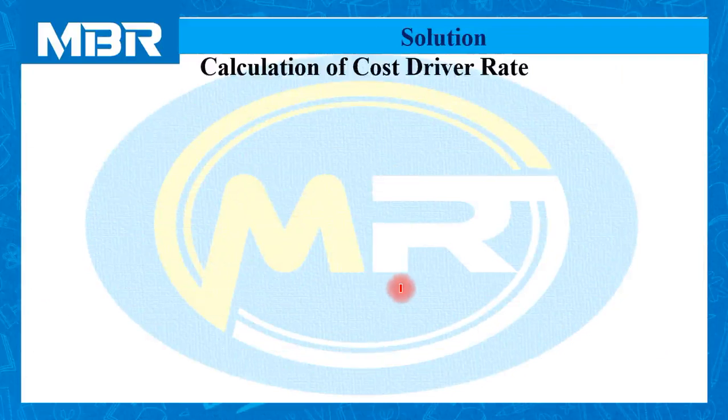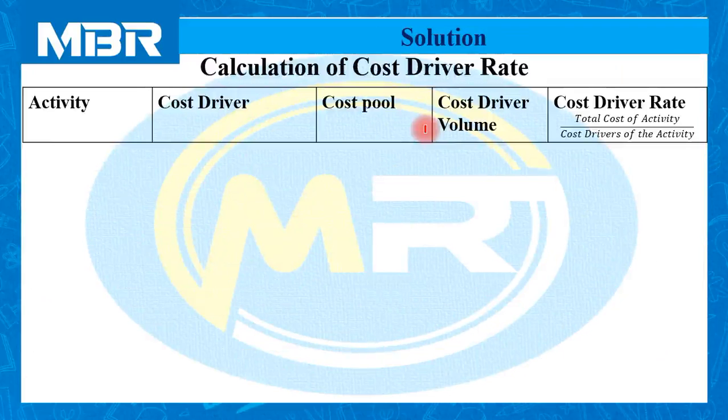Calculation of cost driver rate. First column, activity, is already given to us in the question. Second is the cost driver, which is also given. Cost pool, the total of the expenses incurred on the concerned activities, is already given. Cost driver volume is also supplied by the examiner as part of the question.